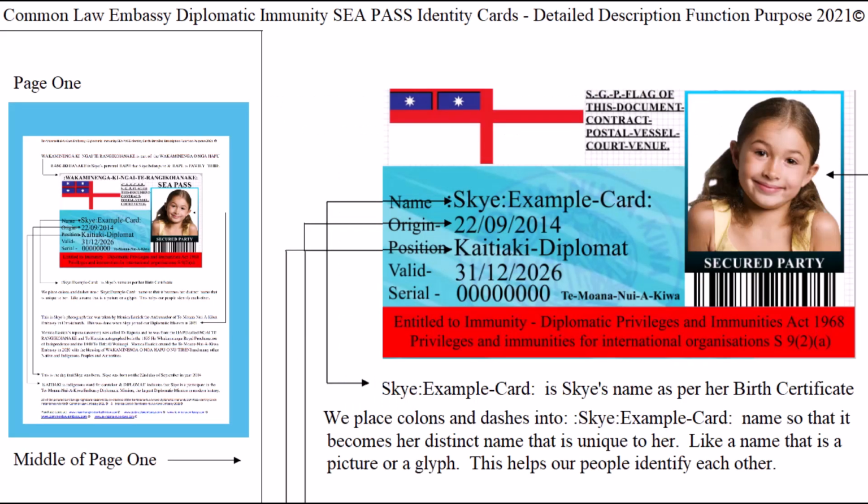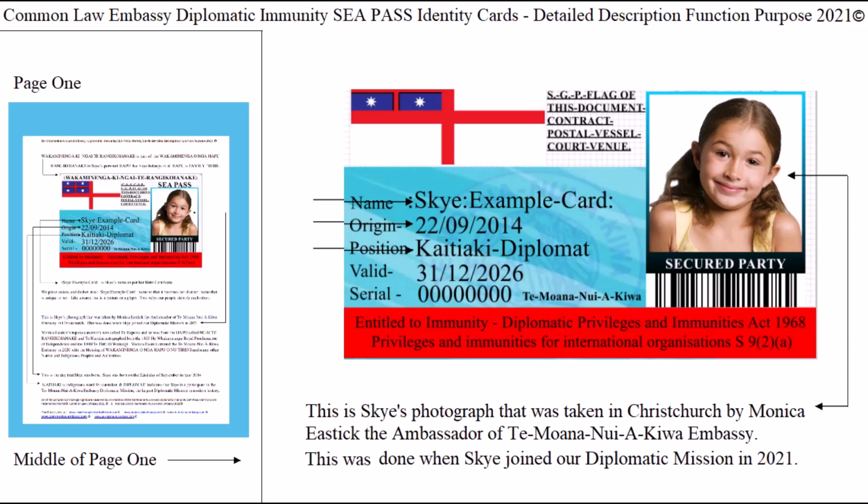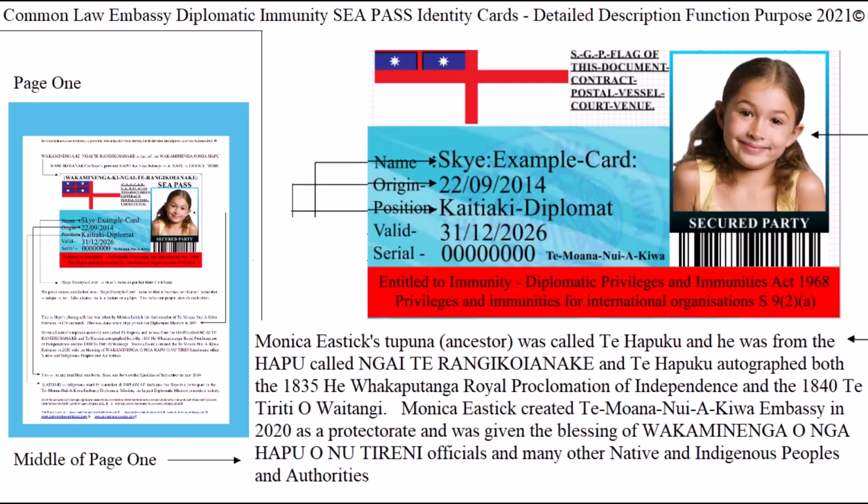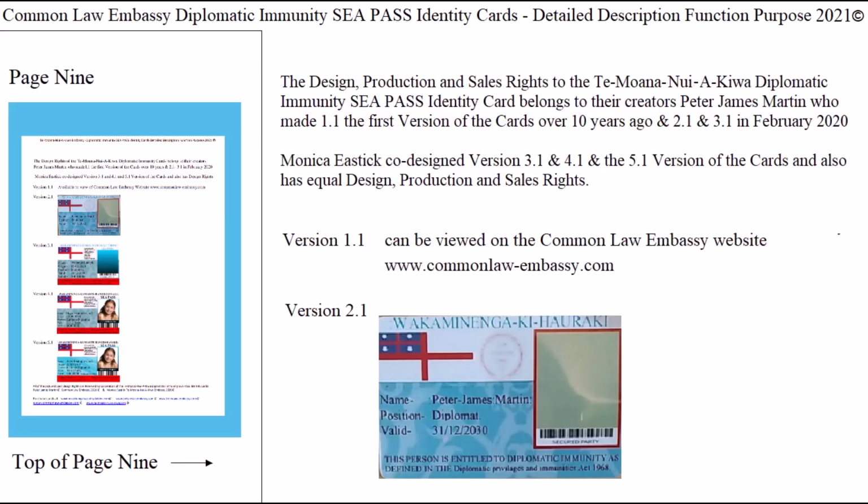Te-Moana-Nui-A-Kiwa diplomatic immunity card creators Peter James Martin, who made 1.1, the first version of the cards, over 10 years ago, and 2.1 and 3.1 in February 2020. Monica Eastick co-designed version 3.1, 4.1 and 5.1 of the cards, and also has the design rights of these cards.